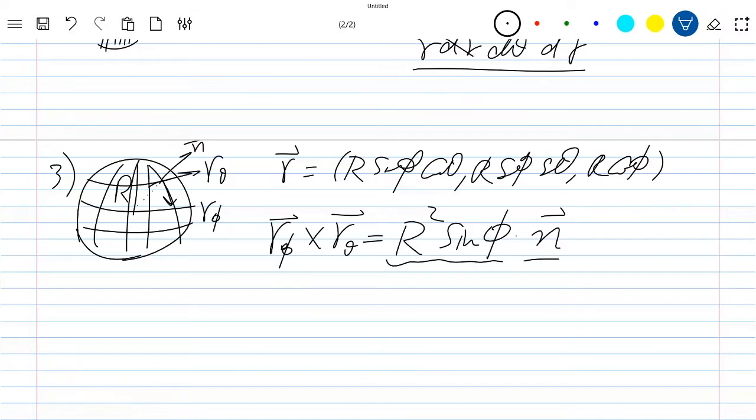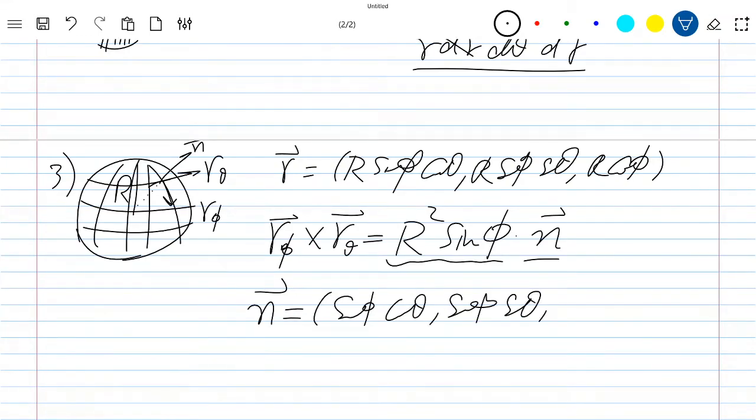And this n is nothing but the radial direction, which is sine phi cosine theta, sine phi sine theta, and cosine phi. It's just r divided by capital R.